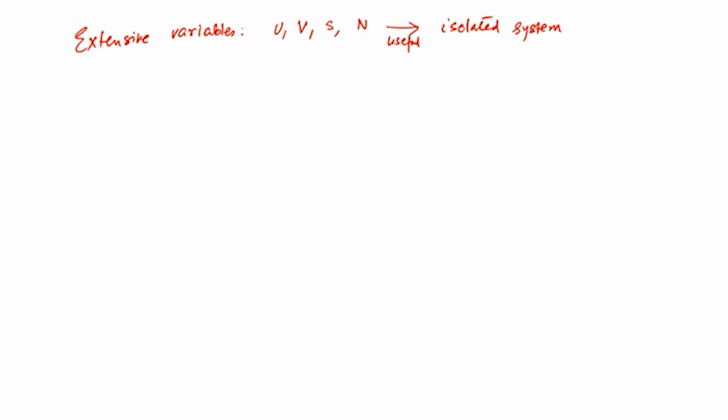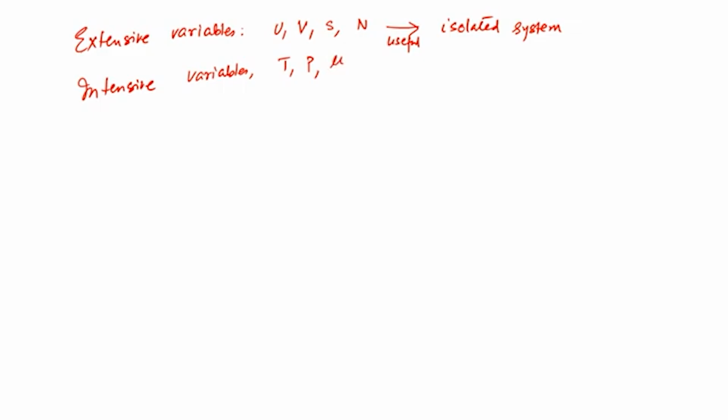Rather, it is easier to talk about the intensive variables, and in any case the intensive variables are easier to control. The intensive variables are nothing but T, P, mu, etc. of the system.